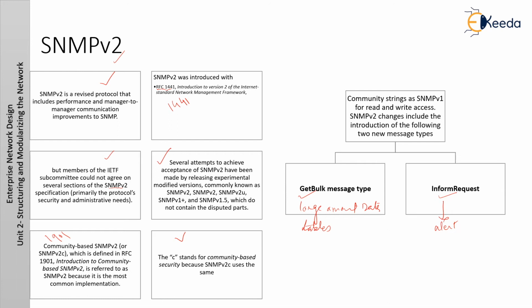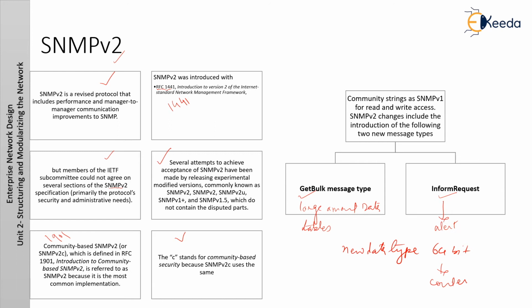One more improvement of SNMP version 2 over SNMP version 1 is the addition of a new data type with 64-bit length, which is the counter.